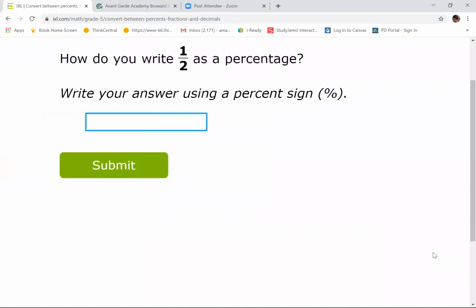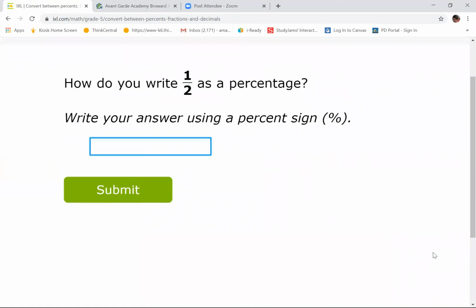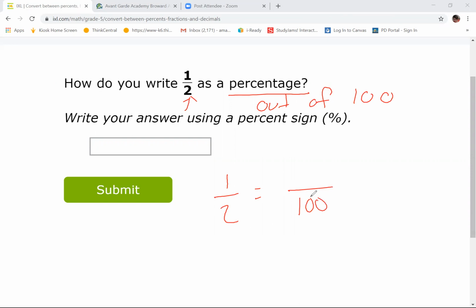How do you write 1/2 as a percentage? Remember, a percentage is out of 100. This is not 100. How do we turn 1/2 into 100? Well, 2 times 50 gets me 100. So 1 times 50 is 50. And this makes sense, guys.